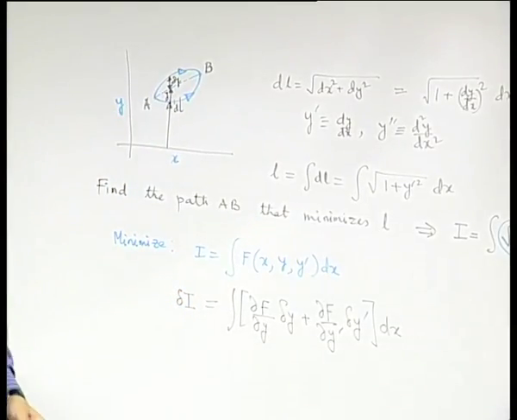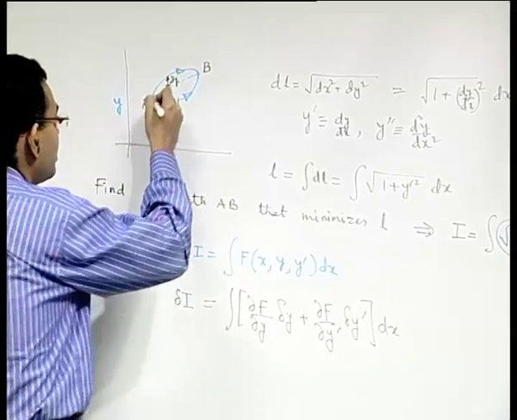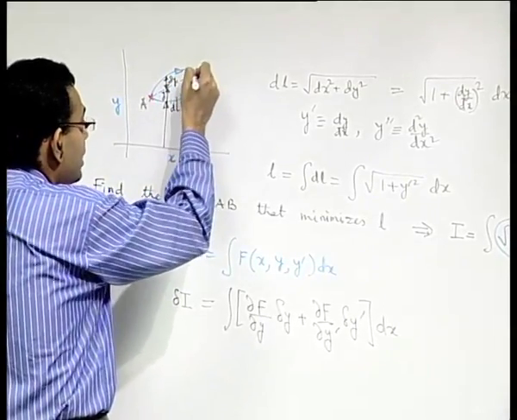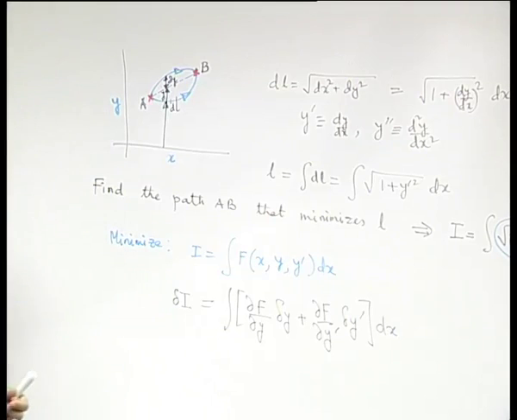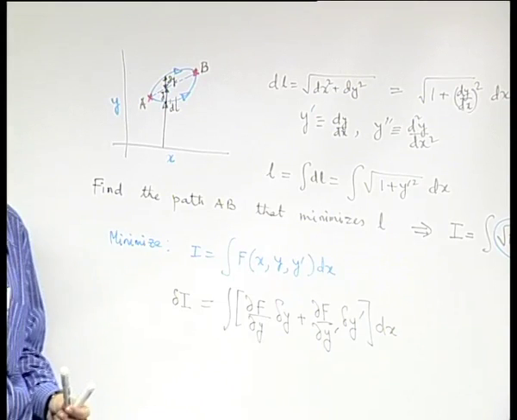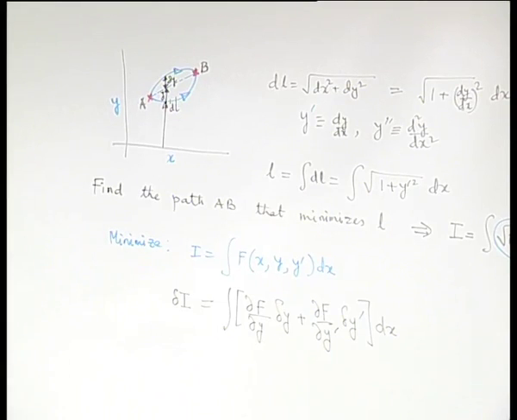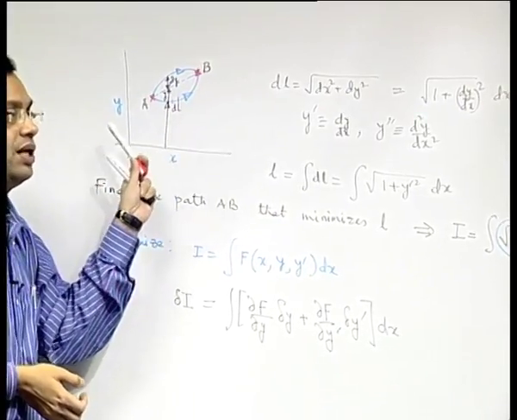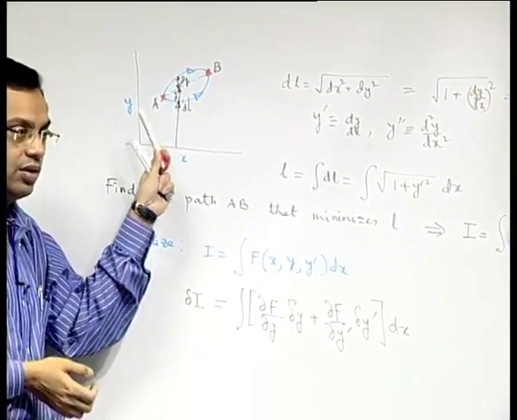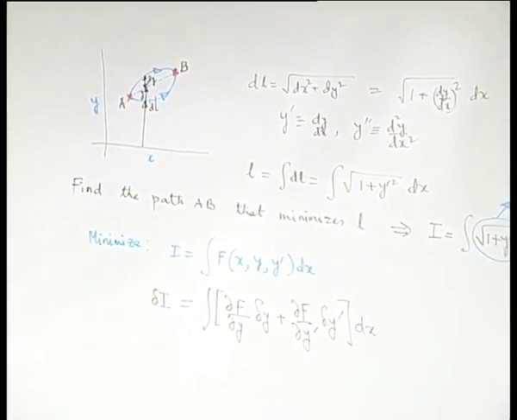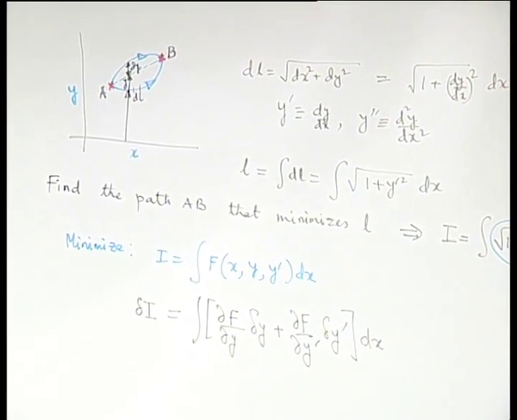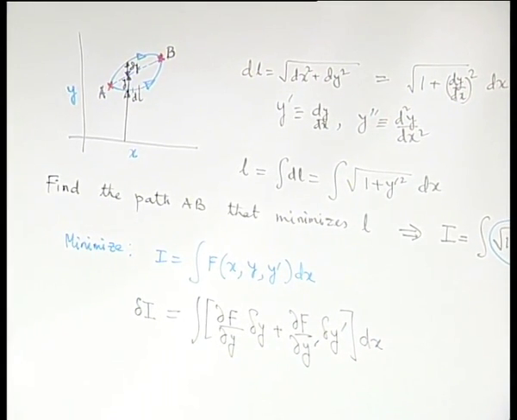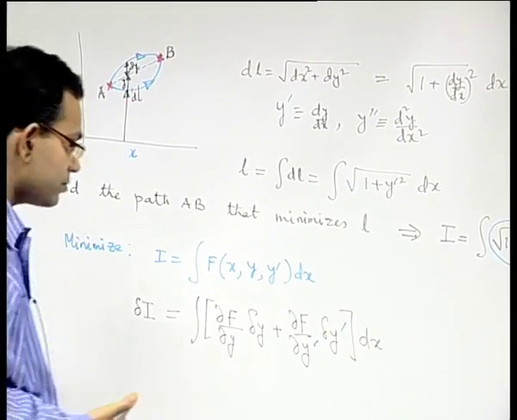So, your problem is tied down with these constraints that at these two points your y is specified, that means the variation in y is 0, there is no variation in y, that you have to keep in mind. So, delta y is 0 at a and b, that is in this example. Of course, in other examples there could be other types of boundary conditions that we will see subsequently, but this is one of the simple type of cases.